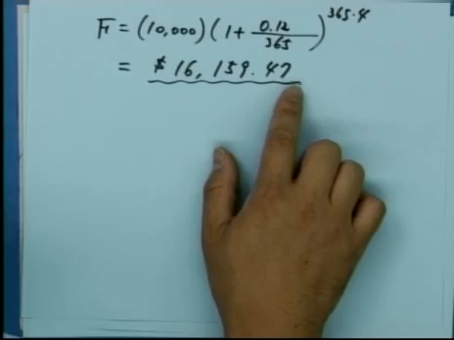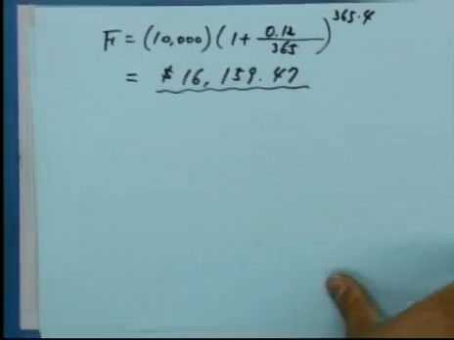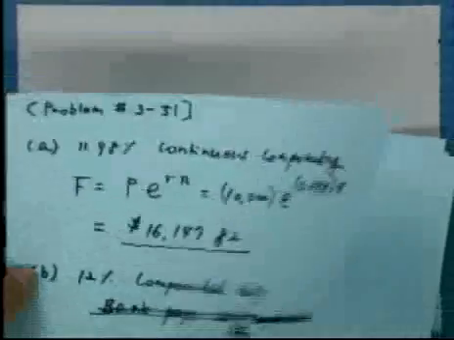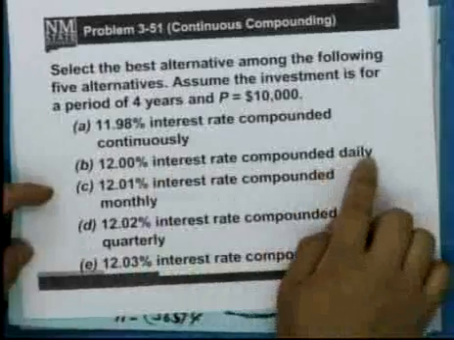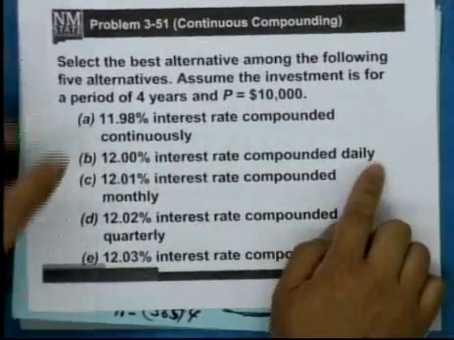So it will guarantee the largest sum of money in the future. So I do say alternative B is the best case. Okay? So you need to go with alternative B.